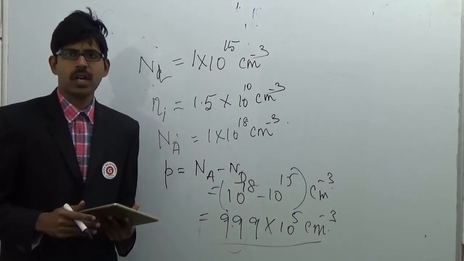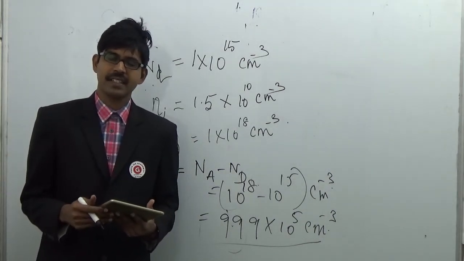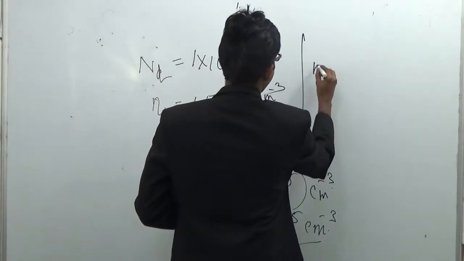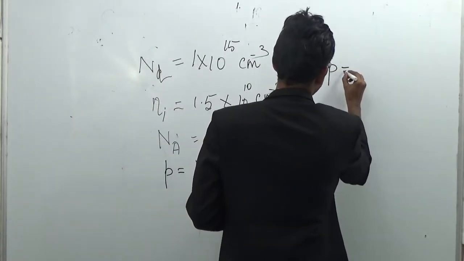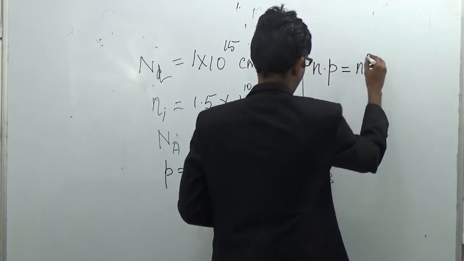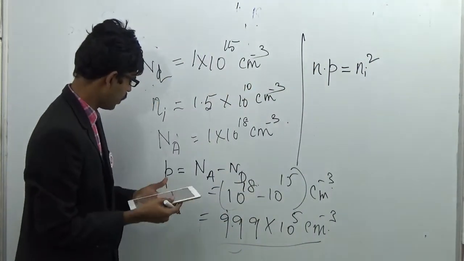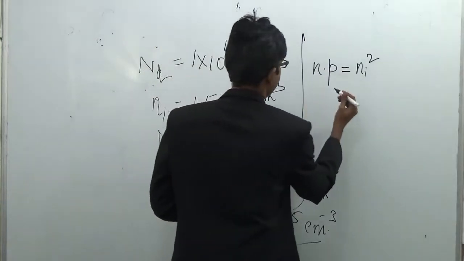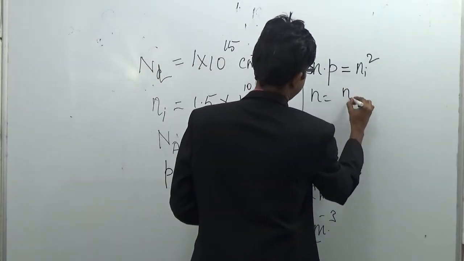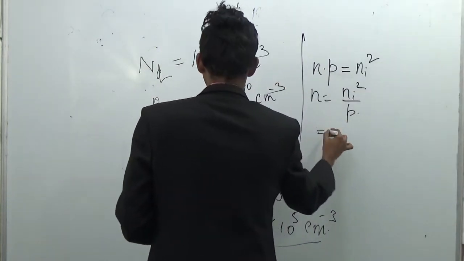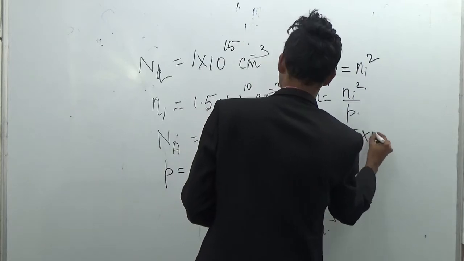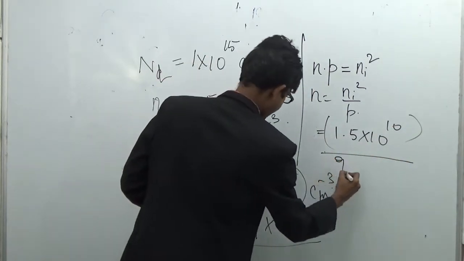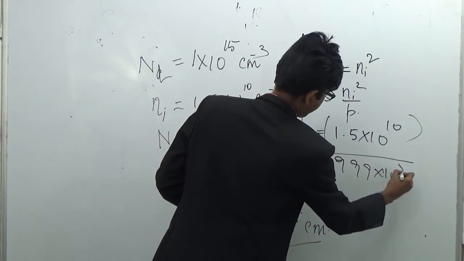Now, we know the hole concentration, we know the intrinsic concentration, so we can find out the electron concentration. What is the formula? N times P is equal to Ni square. Now we know P, we know Ni, we can compute N. So N is equal to Ni square by P. Ni is 1.5 into 10 to the power 10, squared, divided by P, which is 999 into 10 to the power 5.